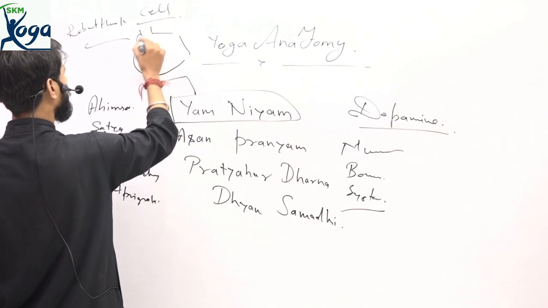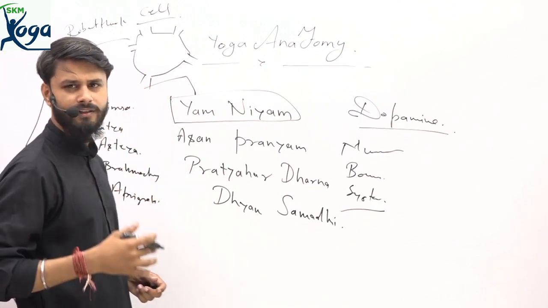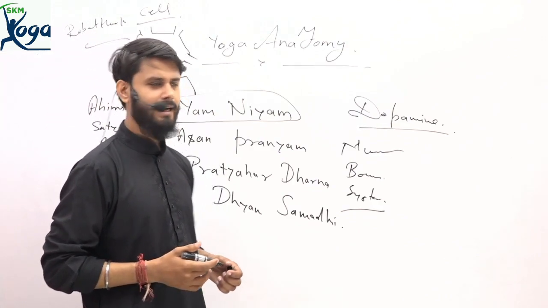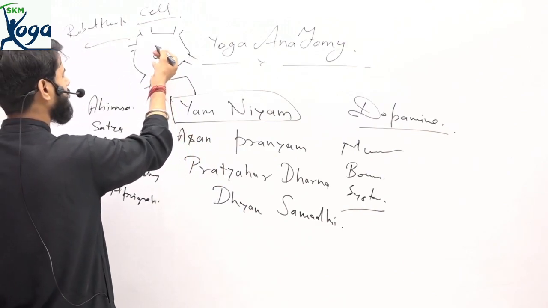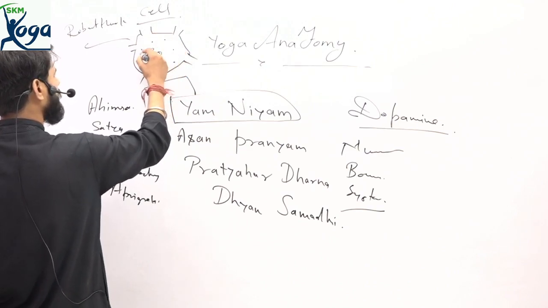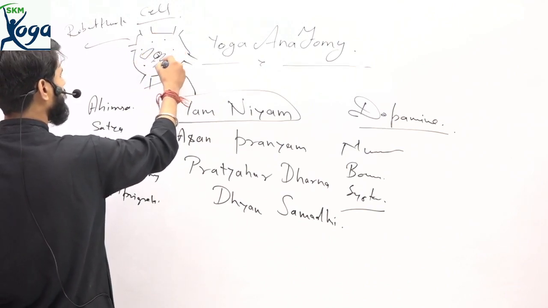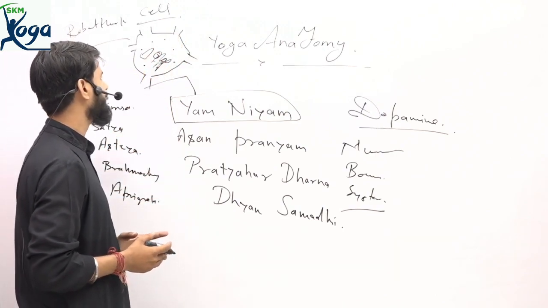Then Robert Brown, Dutrochet, and many other scientists identified the cell. A cell has a nucleus, nucleoplasm, cytoplasm, mitochondria, Golgi apparatus, and many distinguished organelles inside it.